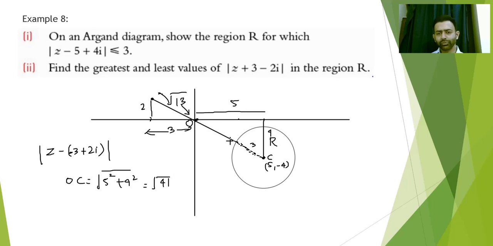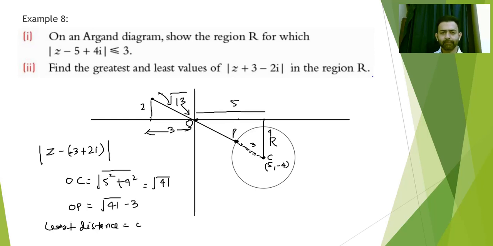So from this root 41, if I subtract PC, which is 3, where this is P, then OP will be root 41 minus 3. Root 41, which is OC, minus 3 is the radius. So this is your OP.